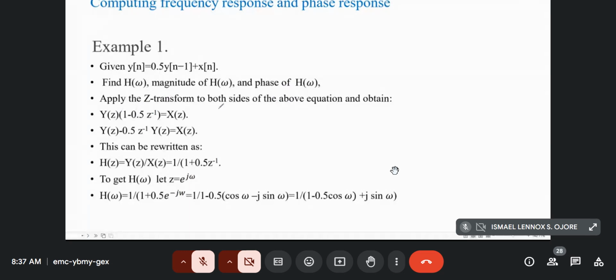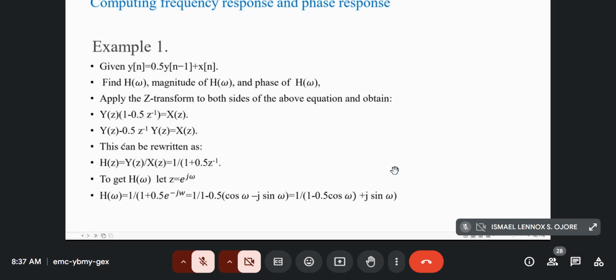So you apply the z transform to both sides of the above equation, and of course you are going to get Y(z). We apply the Y(z) and X(z), and then of course reorganize, and you're going to get Y(z) times 1 minus 0.5 z to the minus 1 is equal to X(z).